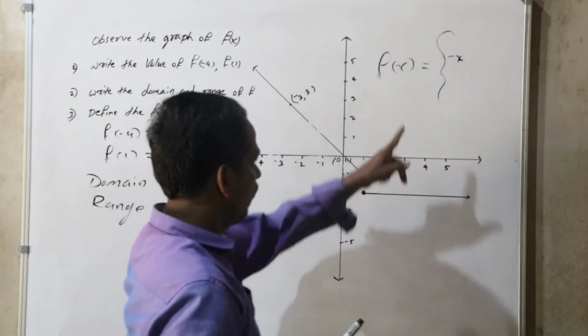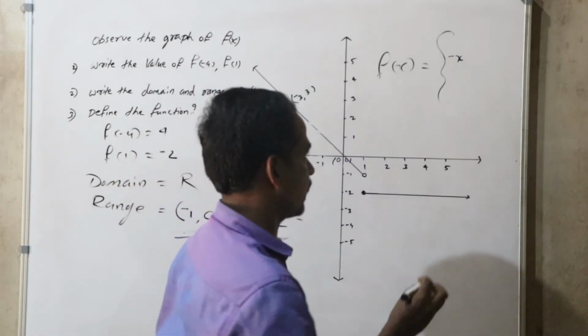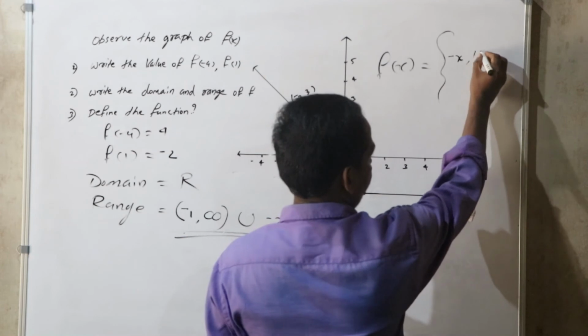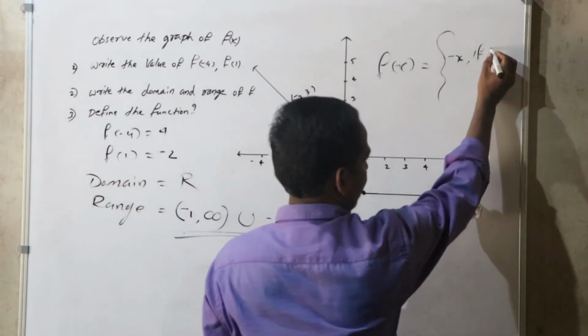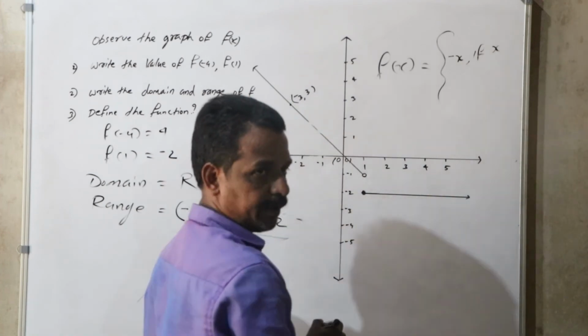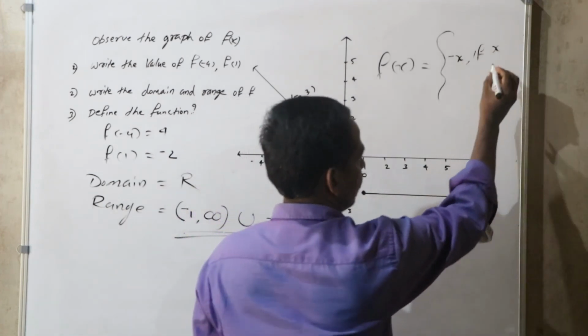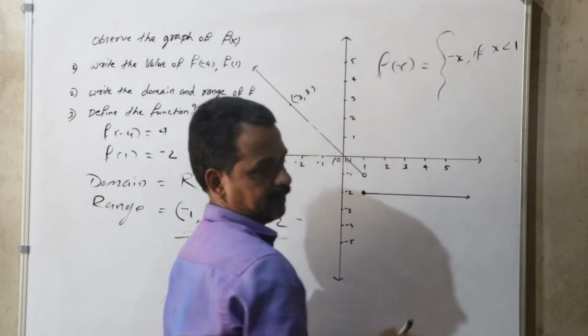Okay. The rule is -x if x is less than 1, not including 1.